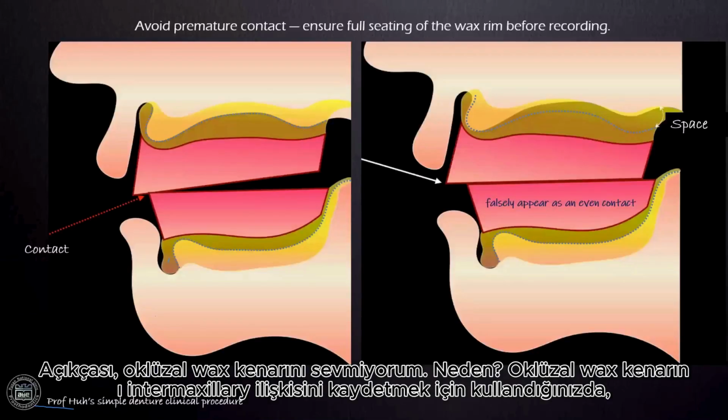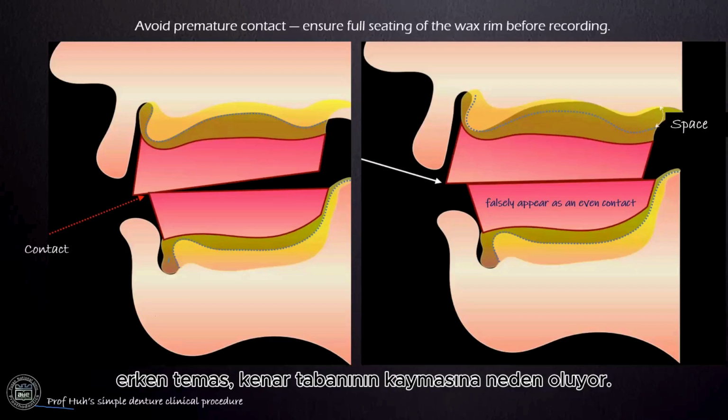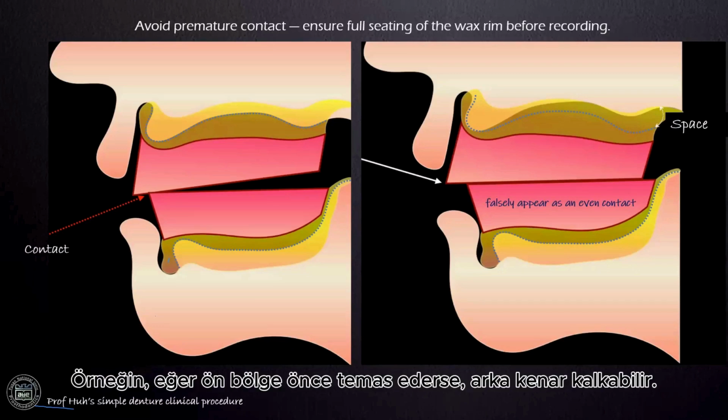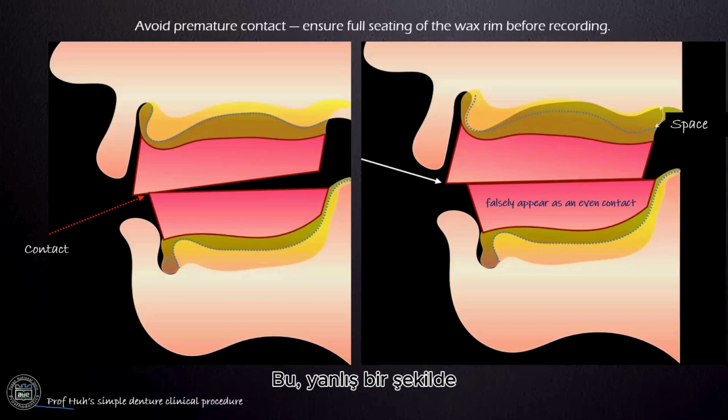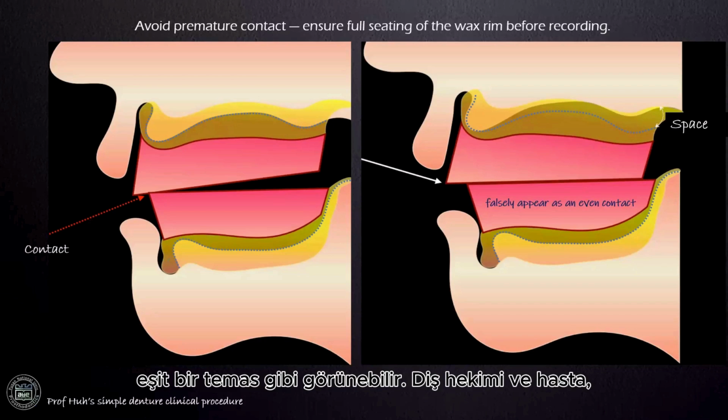When using an occlusal wax rim to record the intermaxillary relationship, premature contact causes the rim base to shift. For example, if the anterior region makes contact first, the posterior rim may lift. Do you understand? This might falsely appear as an even contact.